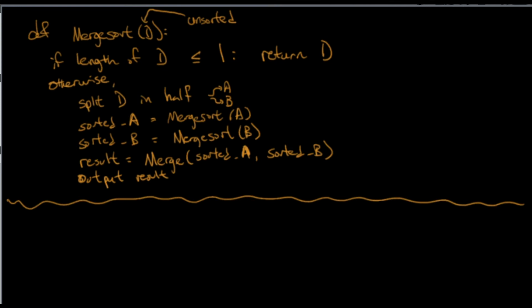D is presumably a large array that is all unsorted, and we have no idea how to sort it. What we did know is that if you split that deck D into two decks, sorted those two decks, and then merged the result using our merge operation, then we could have a sorted array of the union of these two at the end.